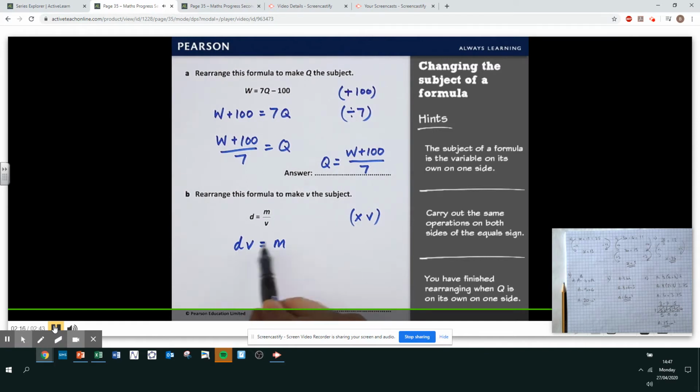You can divide both sides by D to get V on its own. V equals M over D. You need to write your formula as V equals M over D. Don't just write M over D, because on its own it wouldn't be a formula.